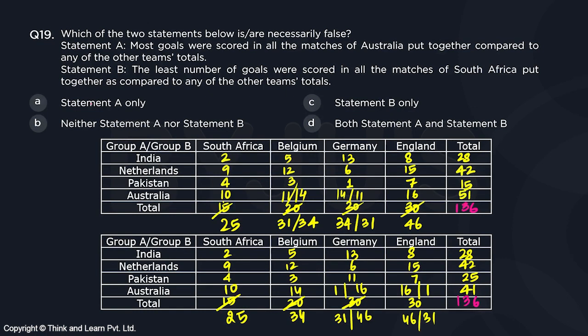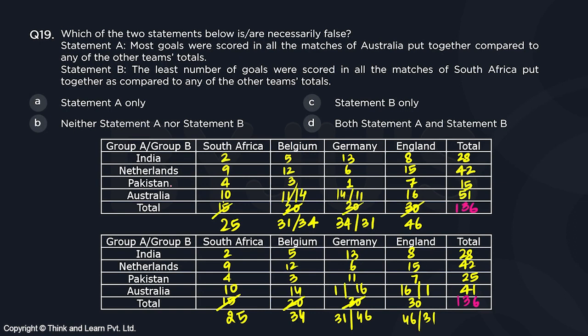Question number 19. Which of the two statements below is necessarily false? So, the first statement, statement A is, most goals were scored in all the matches of Australia put together compared to any of the other teams' total.